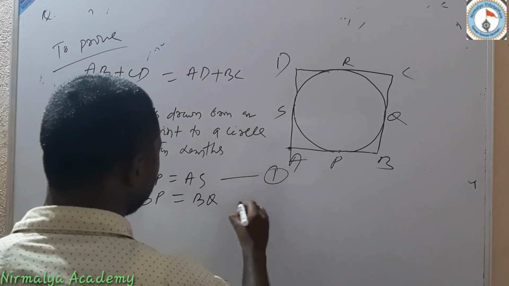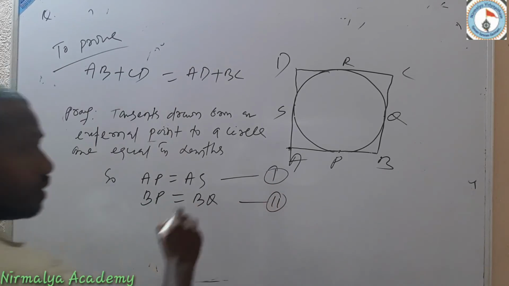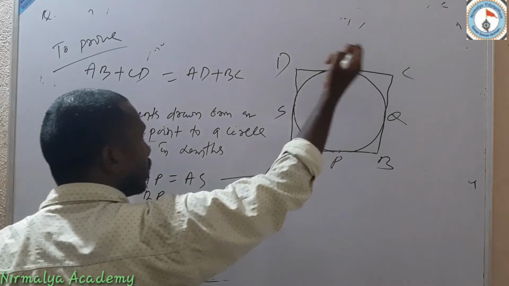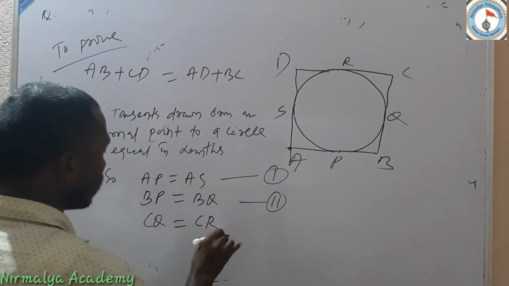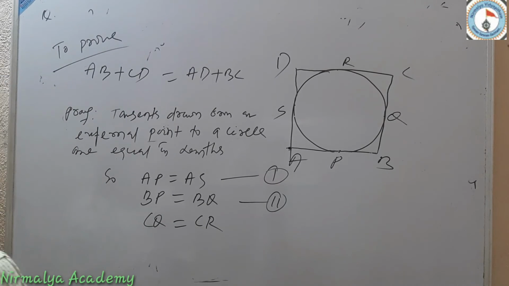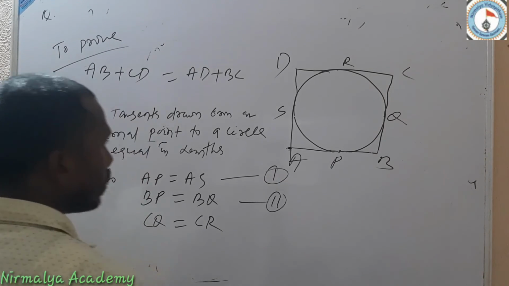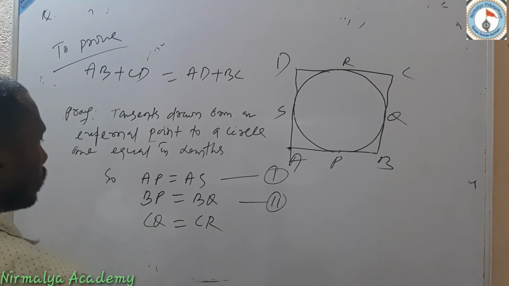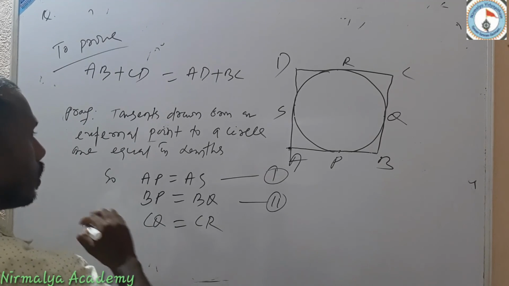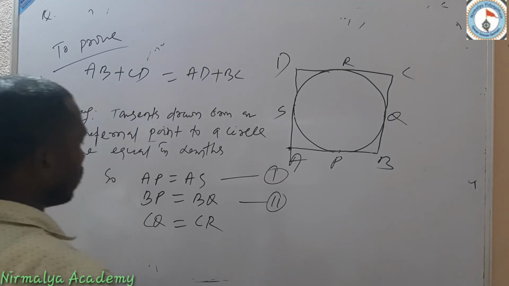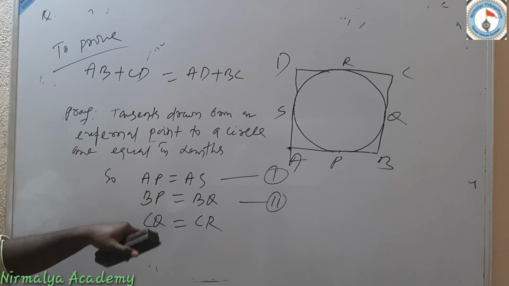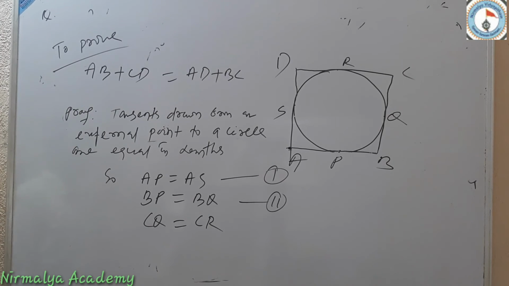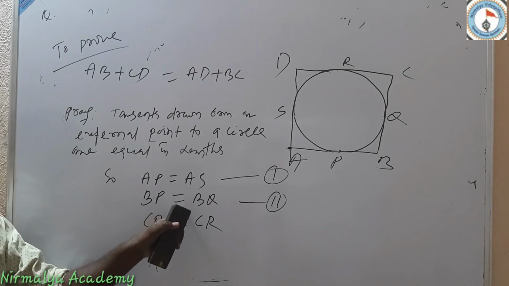This is equation 1. This is 2. In the same way, C is an external point and CQ and CR are two tangents, so their lengths will be equal. That is CQ equal CR.